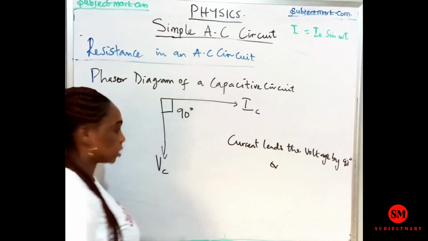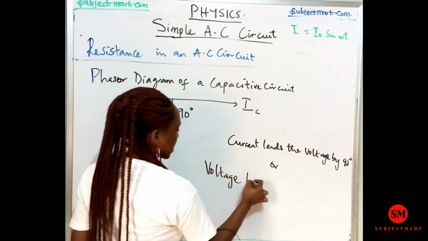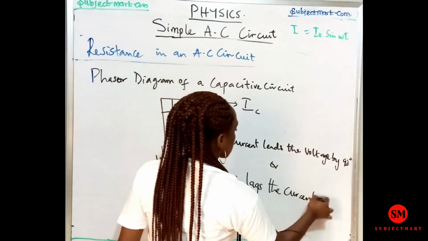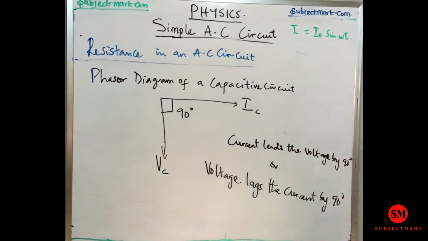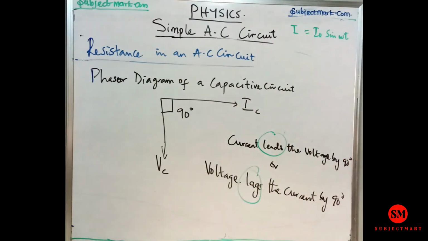Or you could write it the other way, which is the voltage lags the current by still the same angle, 90 degrees. So don't forget that in a capacitive circuit, current leads the voltage by 90 degrees, or the voltage lags. Take note of those two words, leads, lags the current by 90 degrees.